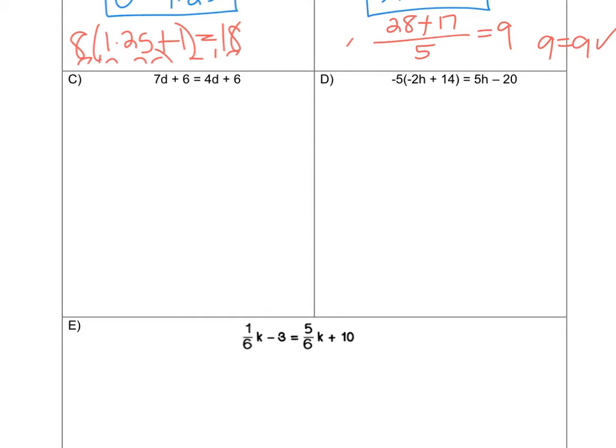So what I need to do now is combine my variables and get them on the same side. So let's go ahead and look at the d's. I've got 7d on the left side and 4d's on the right side. So what I need to do is subtract the 4d on the right side and move it over to the left side.